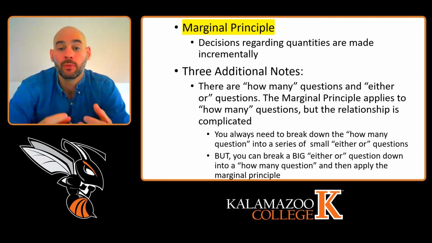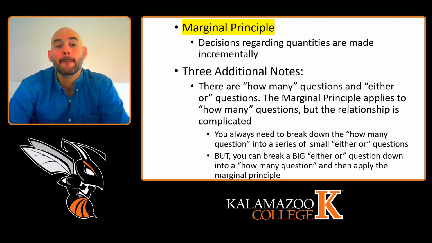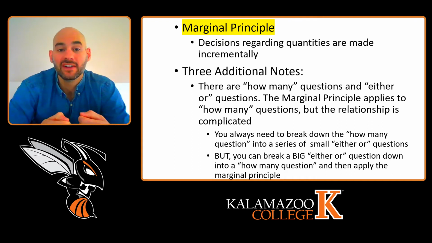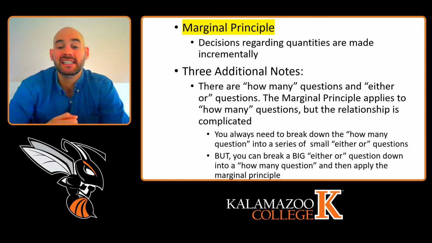This marginal principle applies to questions which ask how many. But by breaking that how many question down into a series of either or questions, then we can better understand marginal costs versus marginal benefits. Now, you can also break a big either or question down into a how many question, and then apply the marginal principle.